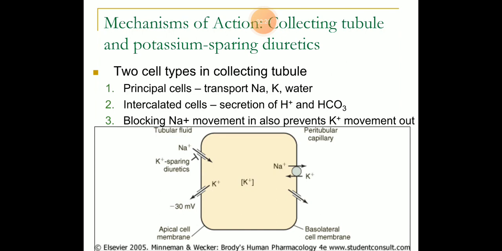Now, this aldosterone is basically a kind of substance which retains sodium and excretes potassium. Since this is the final site of salt reabsorption, it provides fine tuning to electrolyte excretion according to the need of the body.